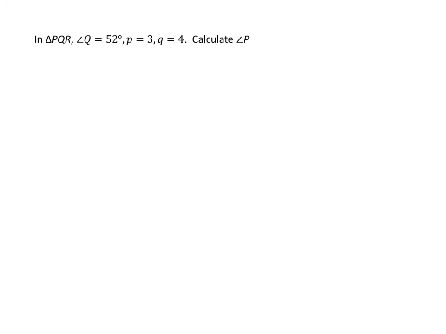Let's try an example. Here we have triangle PQR, and we're told that angle Q is 52 degrees, side p is 3, and side q is 4. We don't really know what this triangle looks like, only the fact that we have to assume that it's not a right triangle. So when I draw these, I tend to just draw a triangle.